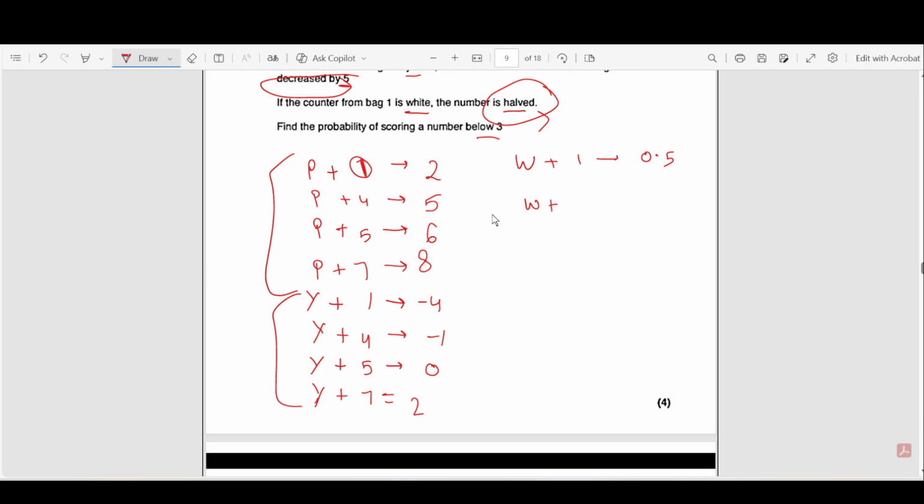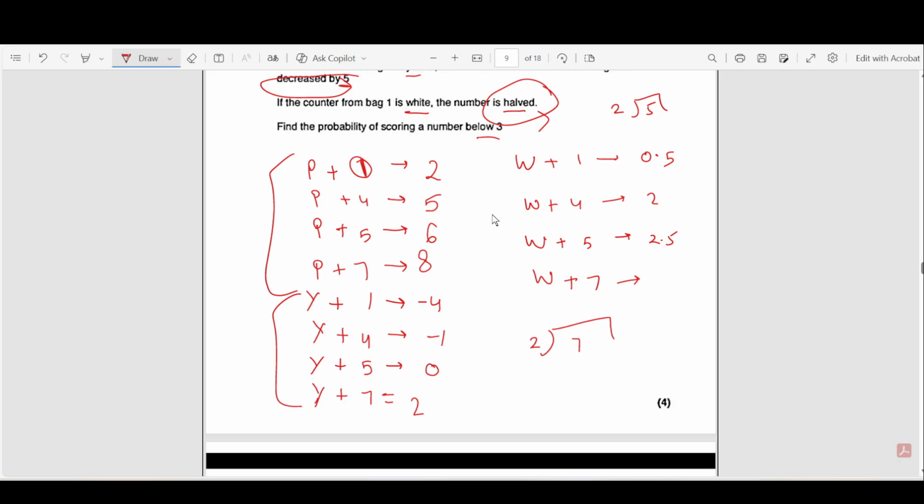White and 4: half of 4 is 2. White and 5: half of 5 is 2.5, just divide it by 2. Then white and 7: half of 7, again divide 7 by 2. Let me show you how I'm dividing.